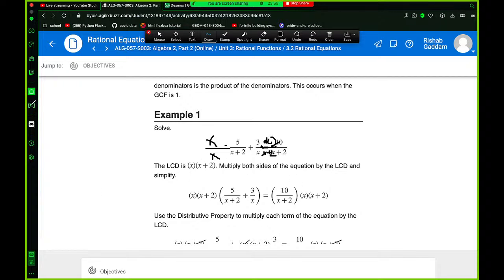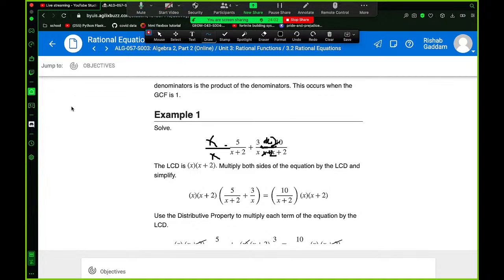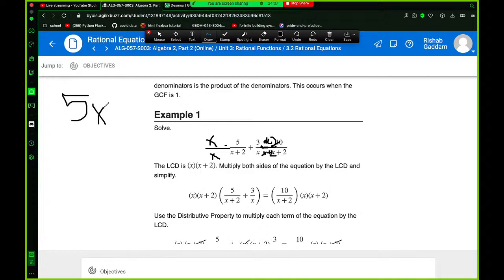So now after you do that, you should get something like 5x over x squared. Or no, let's just not simplify this. Let's just do x times x plus 2. This is what we have on the bottom.